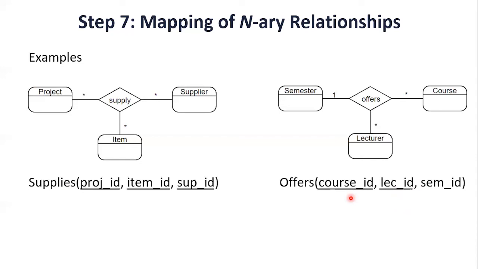Since any combination of course and lecturer should only be available in a single semester, there won't be duplicate values for this attribute. So we don't need to have this. If you want, you can include it as a part of the primary key as well.